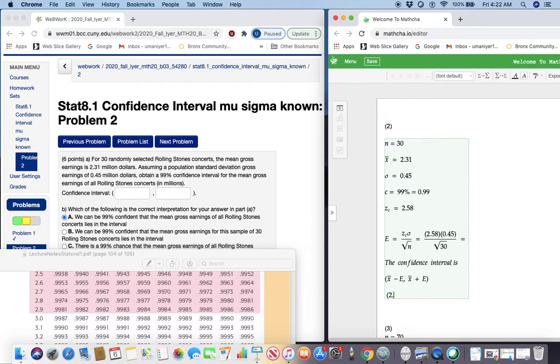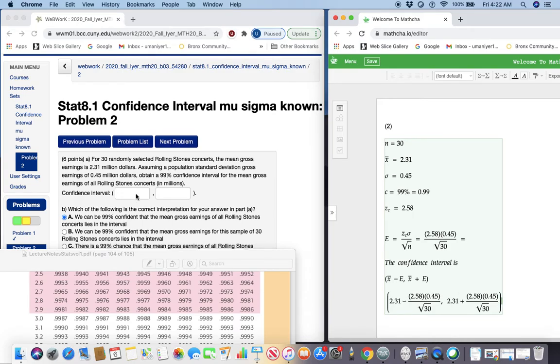So 2.31 minus this value is the left hand point, and the right hand point is 2.31 plus the error. So this is the interval.